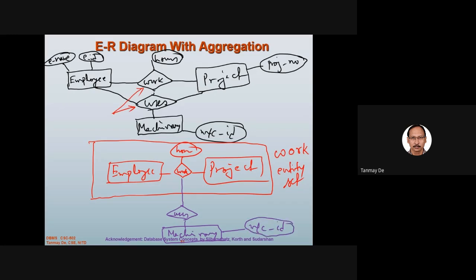So now we overcome the redundancy problem. No duplicacy is there. Think like the previous discussion: some of the employees, say these three, correspond to uses, that is, they can use some machinery parts for that project.